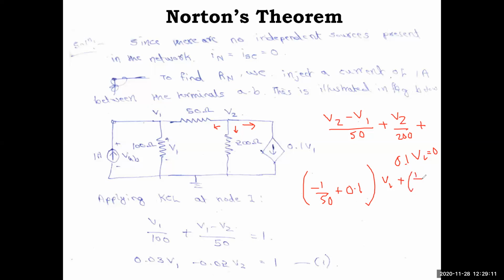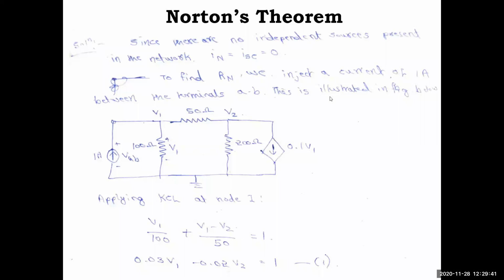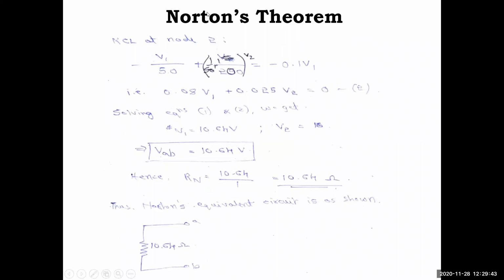Use the calculator and take 1 by 50 plus 1 by 200, multiplied by V2, equal to 0. I have taken it in a different manner, it may be confusing. Is this understood? Write this equation, and use the calculator for the V1 part and the V2 part to get the fractions. Pause the video and note that down. This part is overwritten here, so it may be confusing, don't write it.